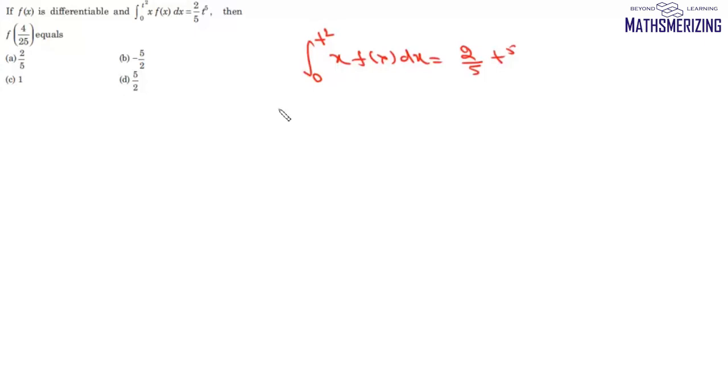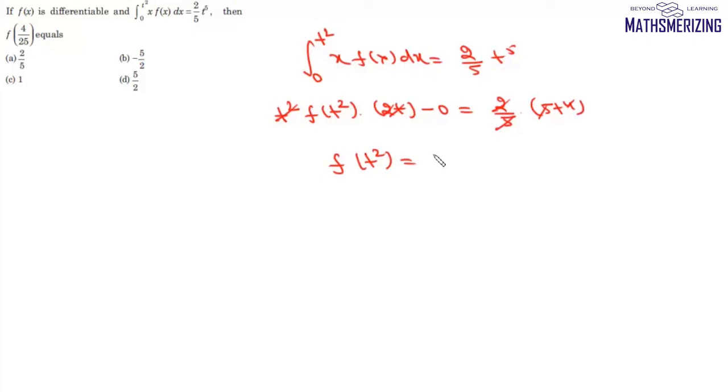So we'll get t square into f(t square) into the derivative of the upper limit, which is 2t, minus the derivative of the lower limit, which is 0, and it'll be 2 by 5 and then 5 t to the power 4. Now 5 will cancel, this 2 will also cancel and this t cube will also cancel.